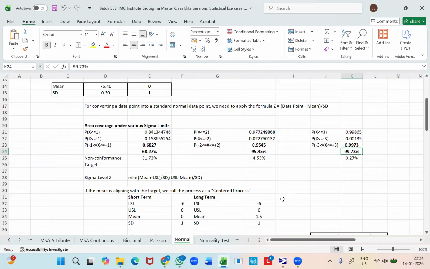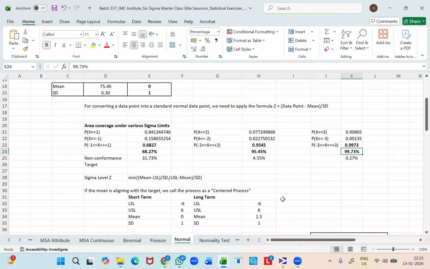And in 6 sigma, 3 sigma level is considered as average performance. So at 6 sigma level, the efficiency percentage will be 99.99966%. Of course, we have long-term sigma level and short-term sigma level, which we will see after the break.